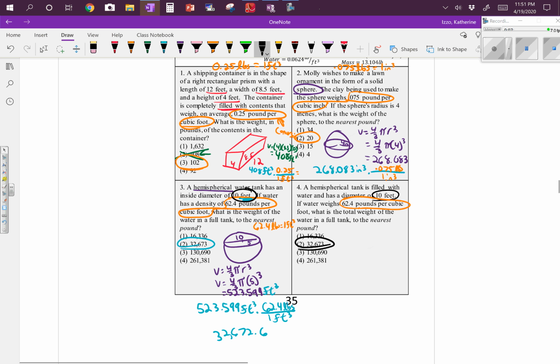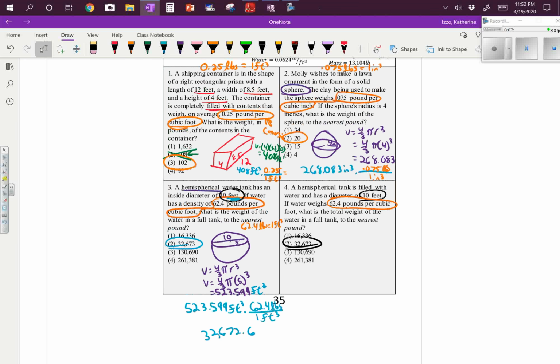So that's how we start doing this whole adding in the density. We start with the volume, and then we end up with a conversion factor. Sometimes we have a conversion factor in the beginning, and then we do the volume, and then we've got a density conversion at the end. Those are really tricky. We're going to take a look at those, but I'm not going to be too harsh on those.